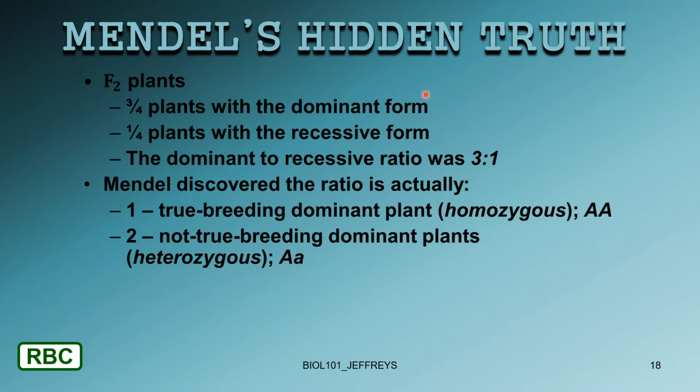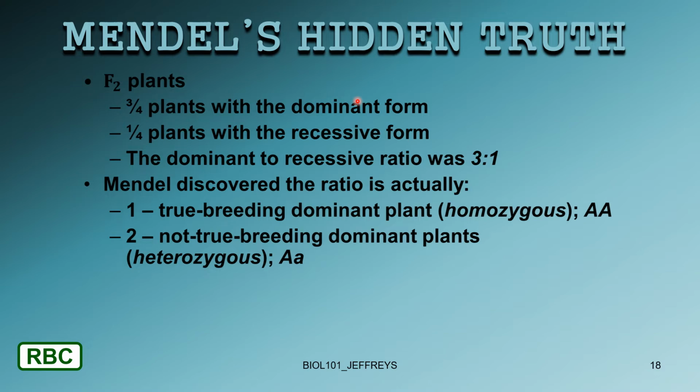So back to Mendel. In the F2 generation, 3/4, right, it's 3-to-1, so 3 plus 1 is 4. So 3/4 of the plants displayed the dominant form. Now remember, in the F1, 100% displayed the dominant phenotype.